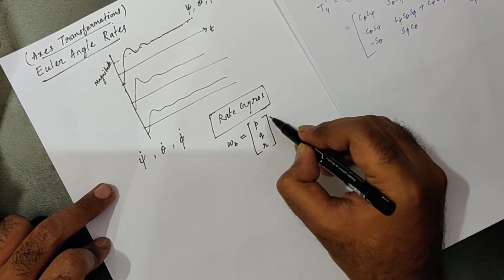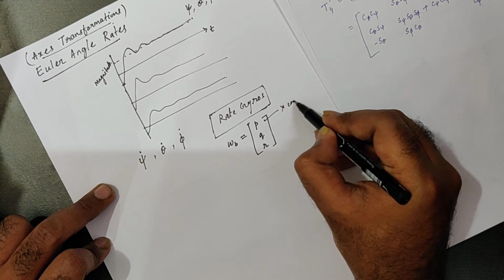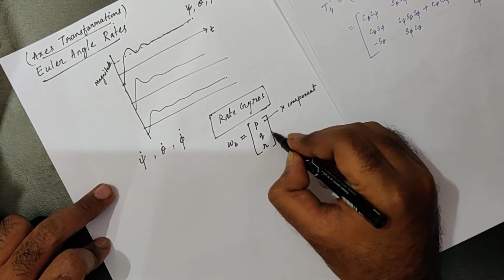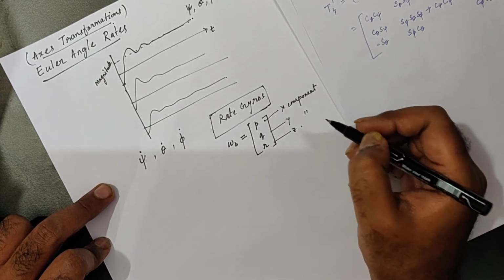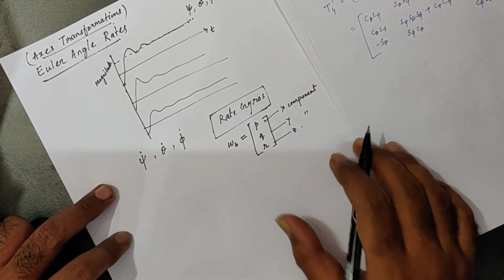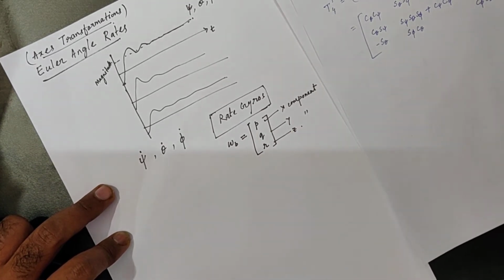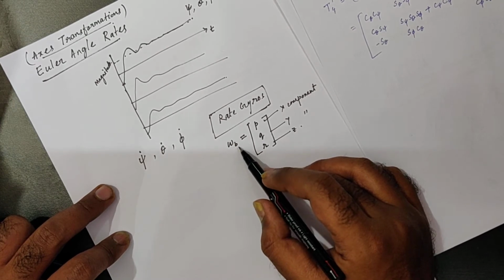So this is the x component, this is the y component, and this is the z component. Okay, so this defines the angular velocity in its body coordinate system.